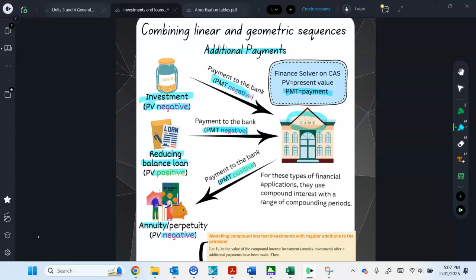So if you think about superannuation, when you start getting a job, the company you work for, your employer, will put money into super. So when you retire, you get that super back, not in a lump sum, but you get a bit at a time. So that acts as an annuity as well.